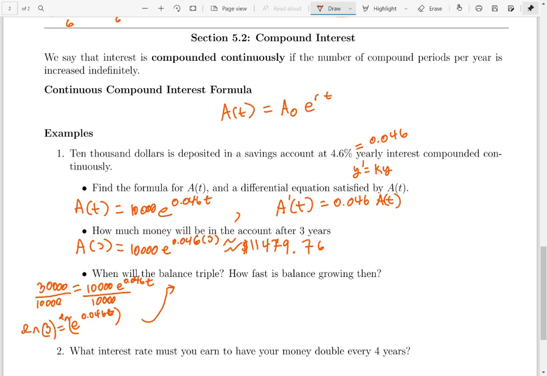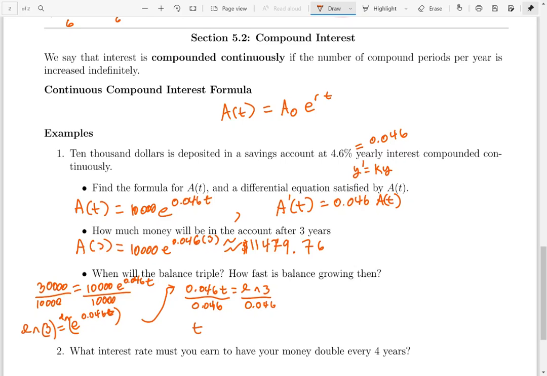I then get that 0.046 t is equal to the natural log of 3. Divide by 0.046.